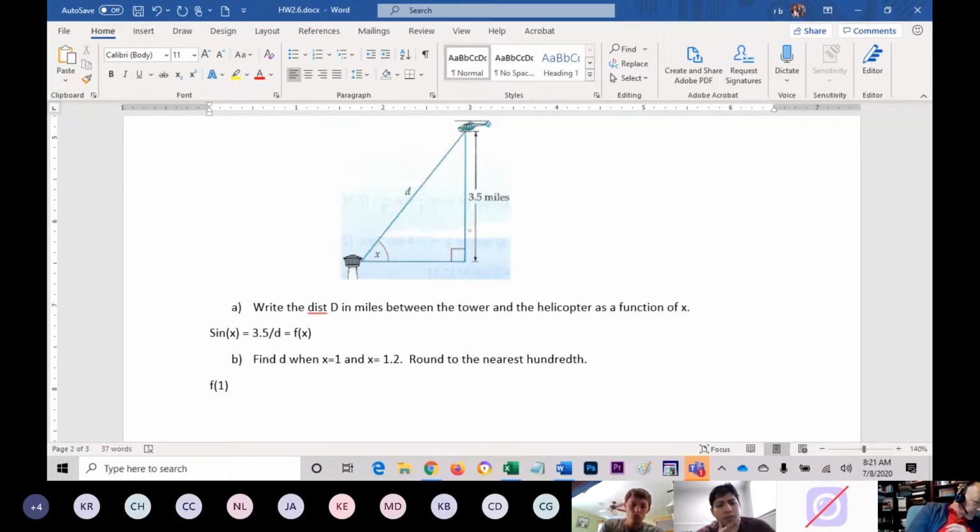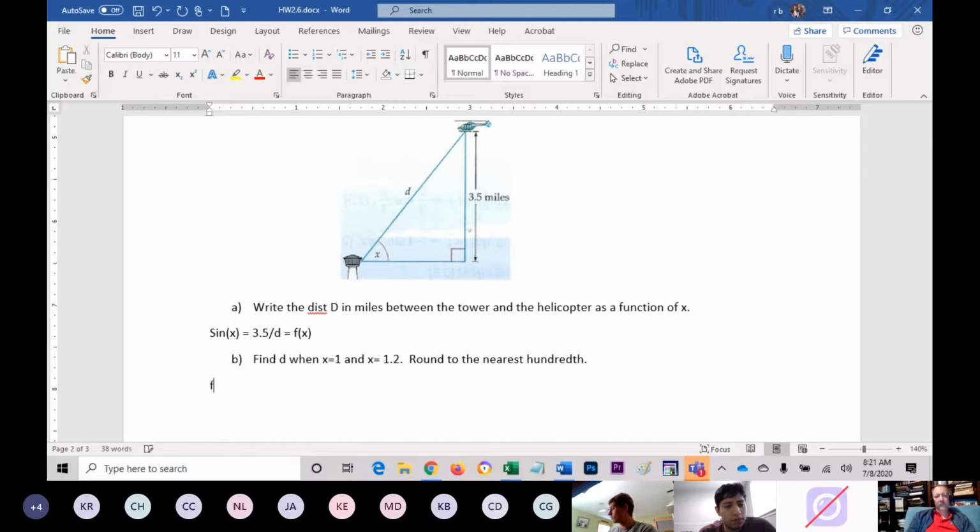It's going to be 3.5 over, well, it's going to be sine of x equals 3.5 over d. No, what I did is I solved it for d.